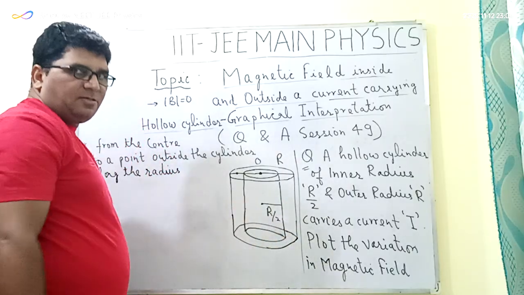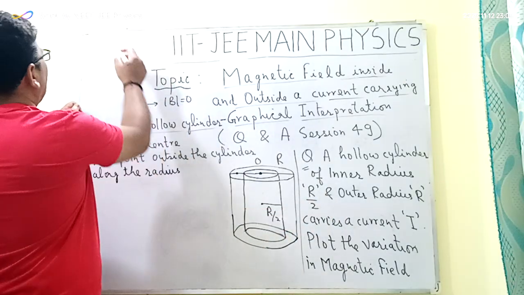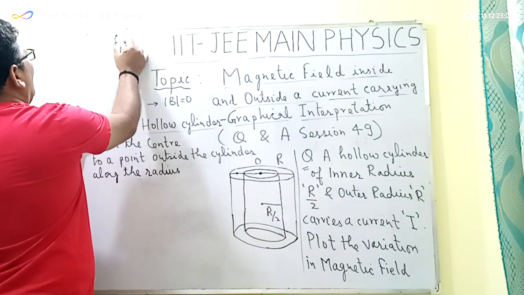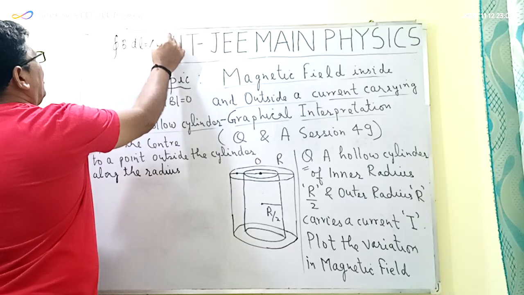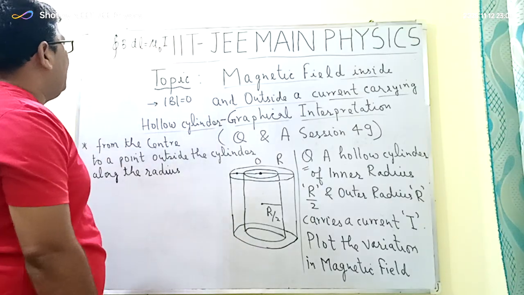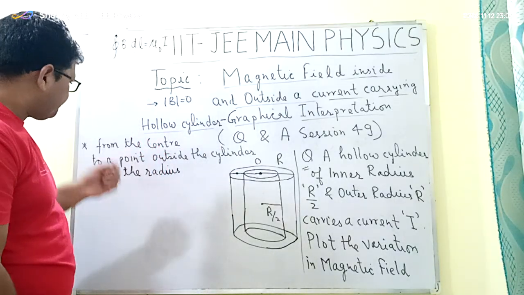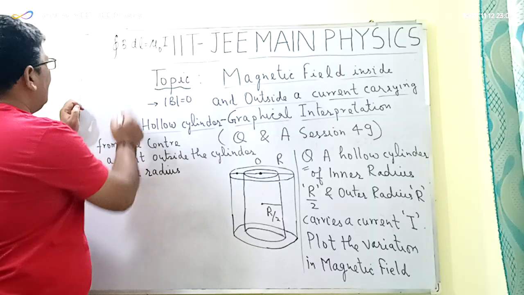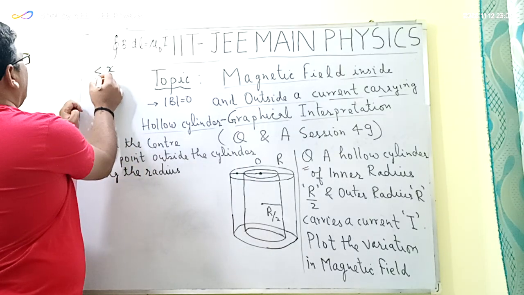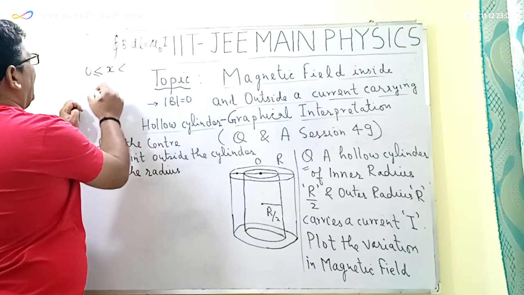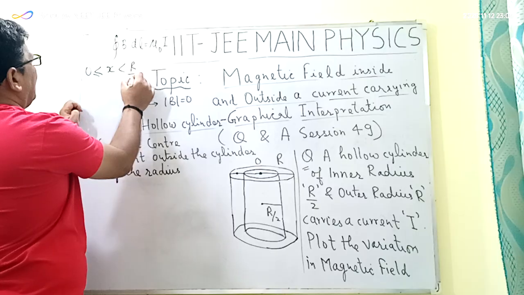So in this question we will be using the Ampere Circuital law, which says that the line integral of magnetic field is mu naught times the net current which is passing through the area enclosed by the closed surface. So there will be three cases now here. First case, when x is greater than equal to 0 and less than r by 2.